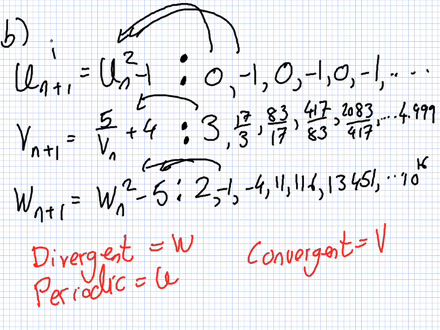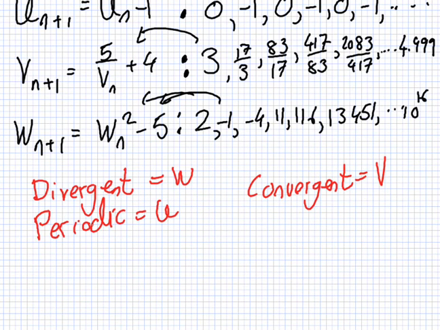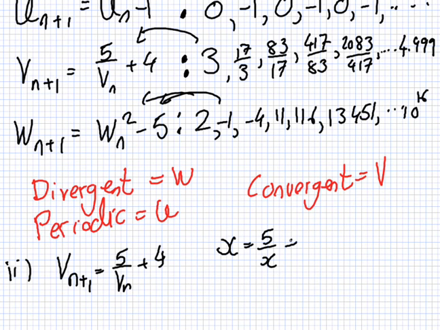Part 2 is they want you to calculate the limit for the v, v(n+1) equals 5 over v(n) plus 4. Do you remember the trick here for calculating the limit? I would hope so, because it was in your maths project. You get x equals 5 over x plus 4.